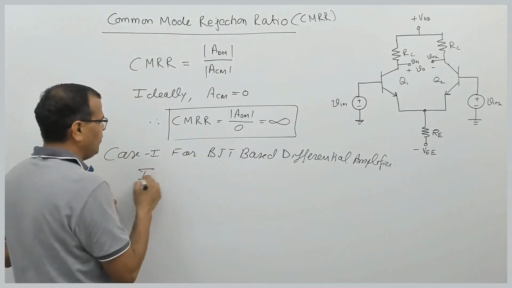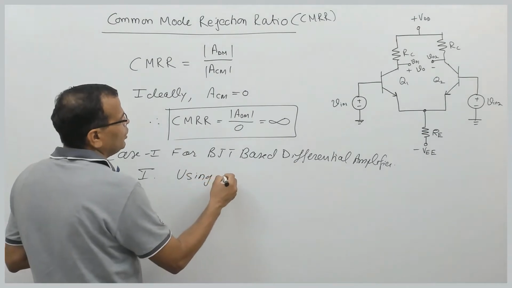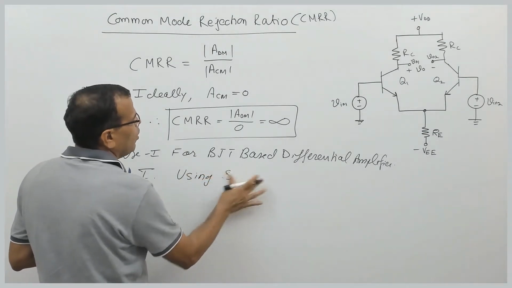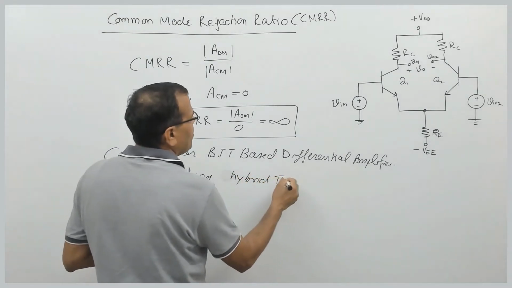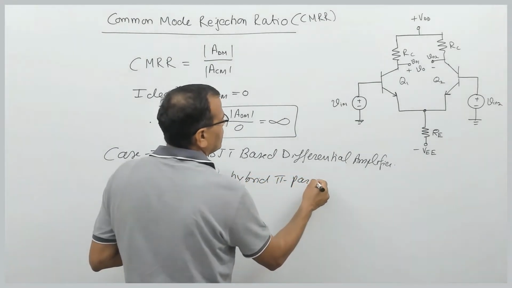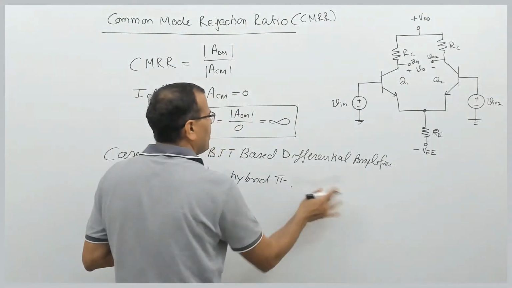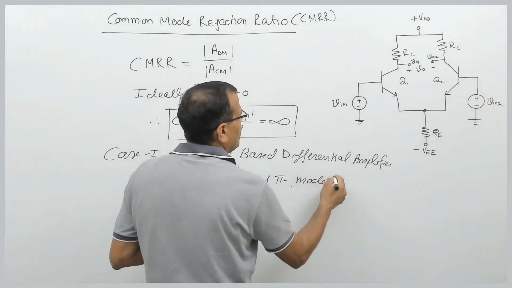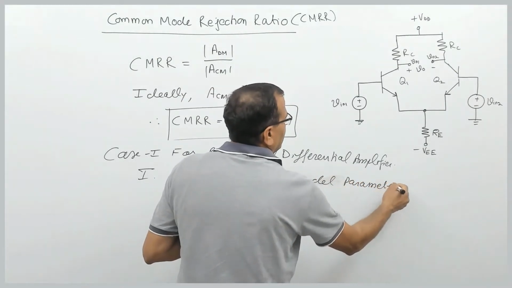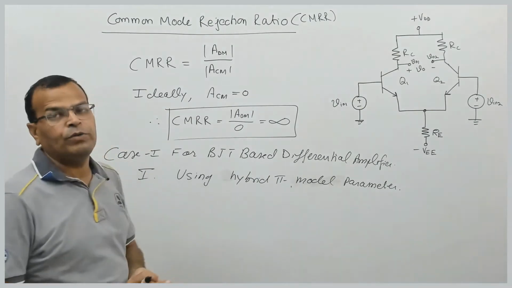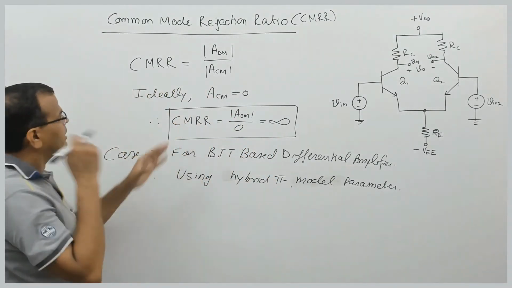First is using which parameters? Using r pi, or you can say hybrid pi model parameters of BJT. Fine. We know you should be going through my previous videos for remembering that expression.